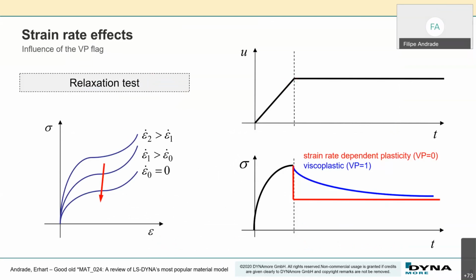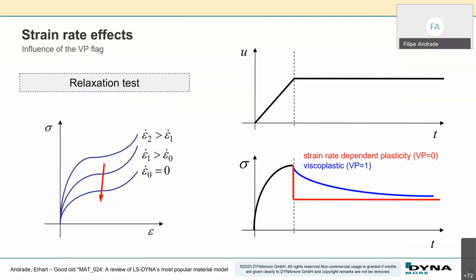Then at a certain point, we keep the displacement constant and just leave it to relax. If you do this in LS-DYNA with VP0, what you get is that it abruptly goes back to the quasi-static solution. There's no relaxation whatsoever, which is something that we do not observe in experiments.